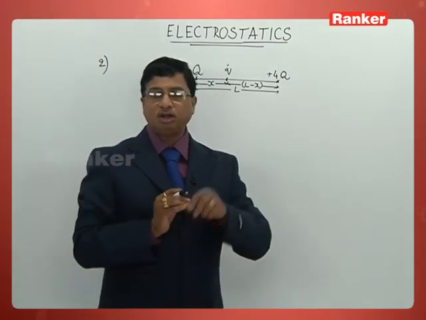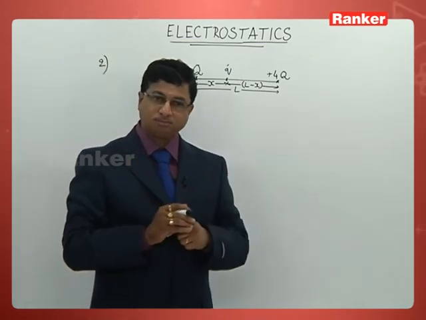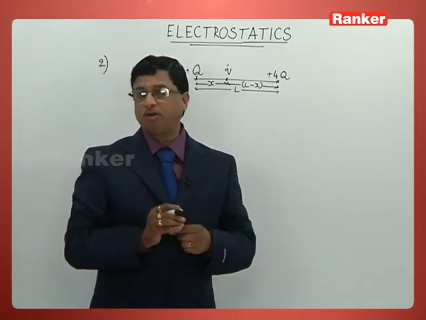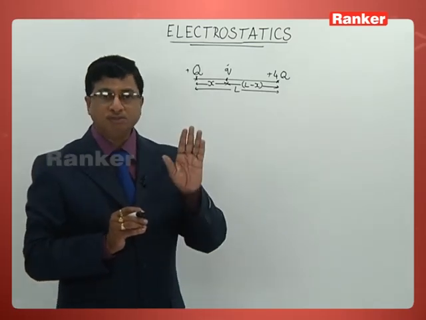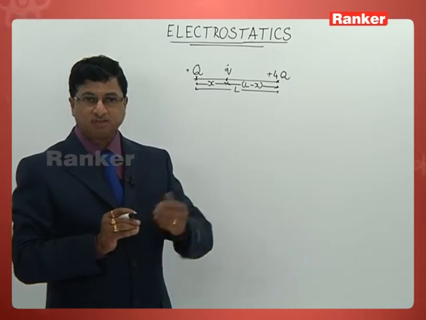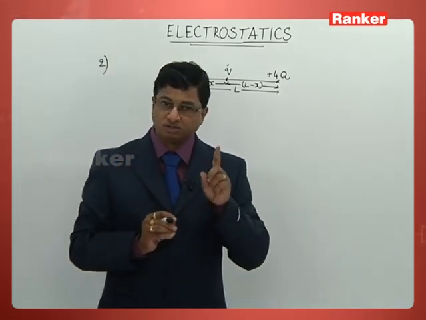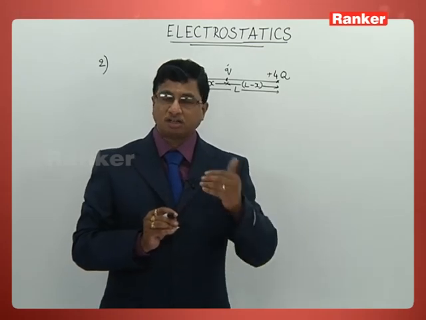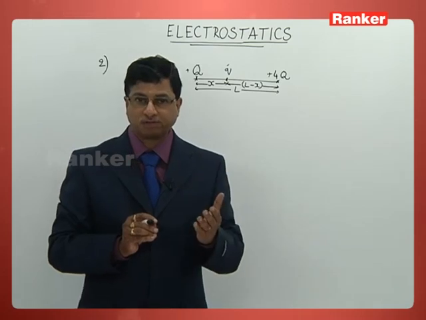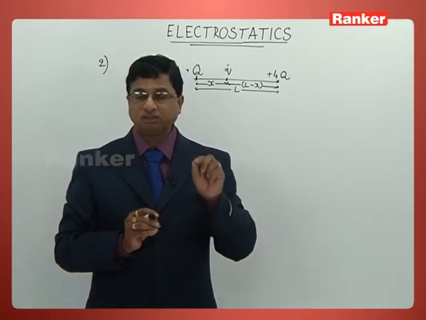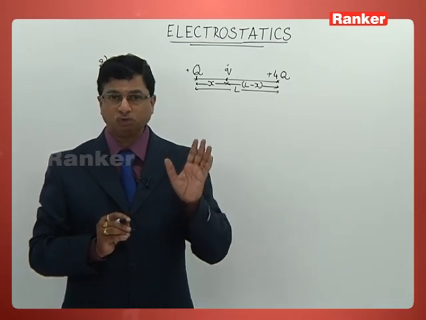That means the net electrostatic force experienced by the charge small q must be 0. I just repeat the statement once again. The net electrostatic force that is acting on the charge small q must be 0.